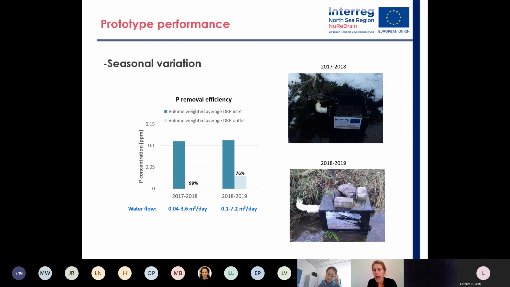Another question is, have you seen any iron leaching out at the outlets? In fact, so far we didn't do the test, but it will be interesting to follow up in the coming season. Okay.